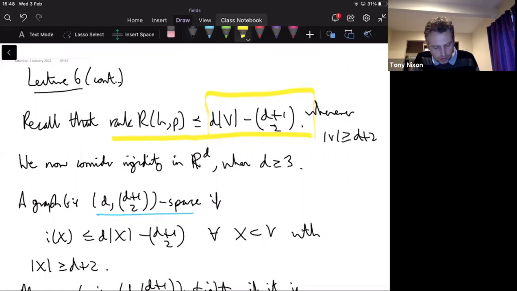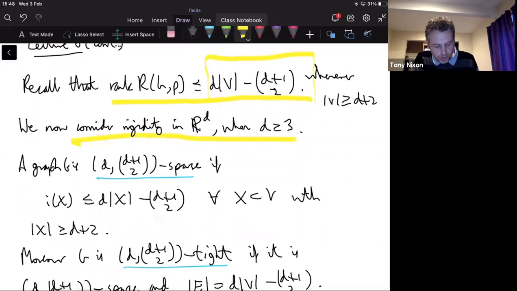So now we want to consider rigidity in d dimensions where d is at least 3. The first thing I want to do is define the same class of graphs as 2-free tight graphs. That was the case when d equals 2, but I just want to do it in general. So there it was 2 and 3.